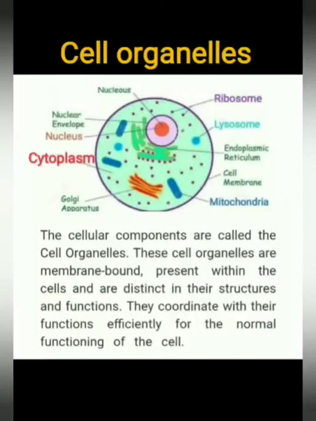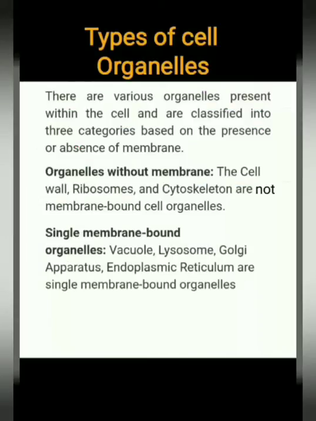Now I am going to discuss the cell organelles. The cellular components are called the cell organelles. The cell organelles have distinct structure and function. The cell organelles are categorized into three types: organelles without membrane, single membrane bound organelles, and double membrane bound organelles.